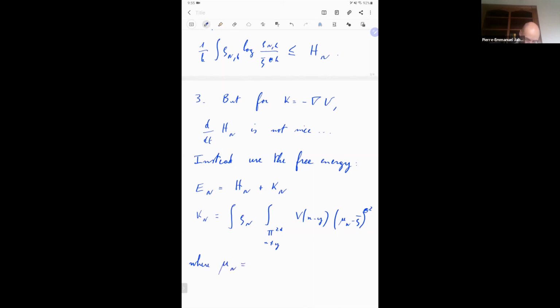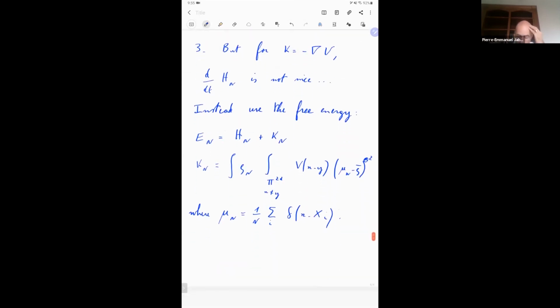Where mu n is the empirical measure. Right, so if you choose all the xi according to rho n, then I can build mu n, which is a random measure now on the torus, and then I use it in the modulated energy. So R Kn, let me repeat that again, is the expectation of Serfati's modulated energy.